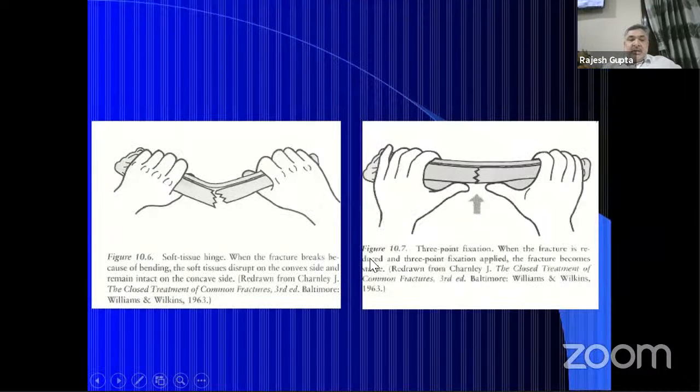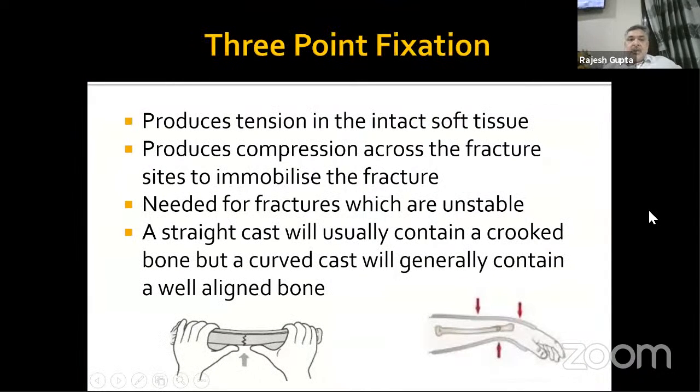Again here, see here, this bridge of the soft tissue is maintained, and when we do the reduction, first force, second force, third force, there is a beautiful reduction here. Okay, this is a 3-point fixation in the cast. We maintain the cast in this position. It produces tension in the intact soft tissues. It produces compression across the fracture site to immobilize the fracture, and it is needed for fractures which are unstable.